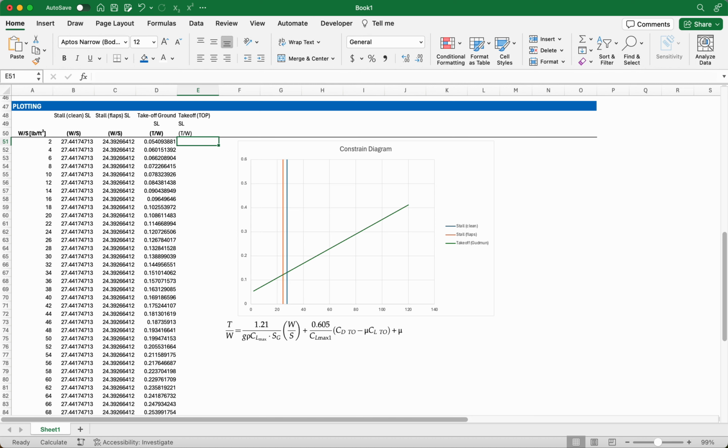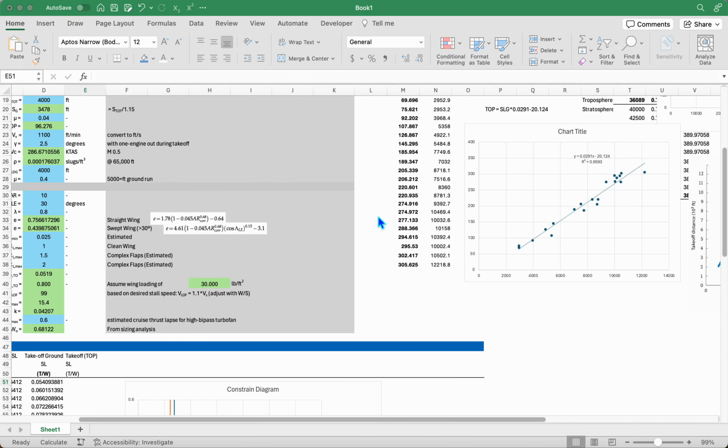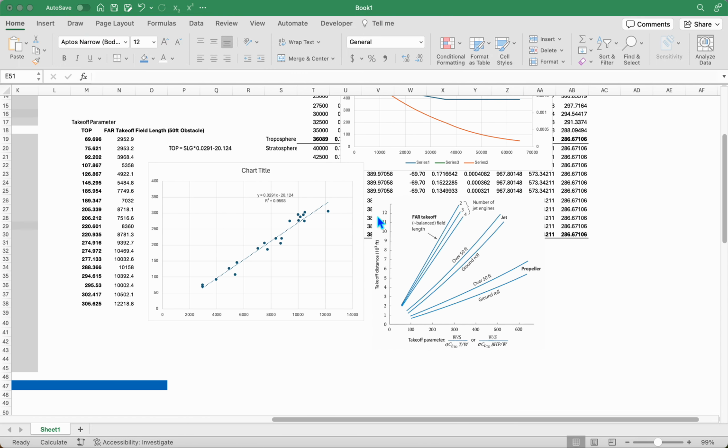Now our takeoff parameter, if we look back at our plot that I saved over here, we have our takeoff parameter. I didn't put titles in here, but we have this figure over here. So takeoff parameter is defined as our wing loading divided by our density ratio, our lift coefficient during takeoff, and our thrust to weight ratio.